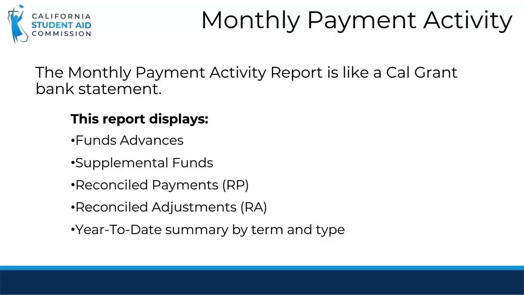The running balance is shown on the far right until all advance funds are exhausted, at which point the State Controller's Office will apply additional supplemental payments to always keep the balance at zero. This report is cumulative, so when you view the latest report, it will include transactions from the beginning of the academic year up to the latest transactions.